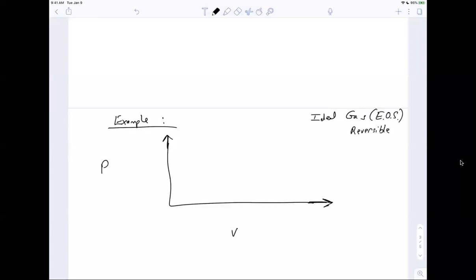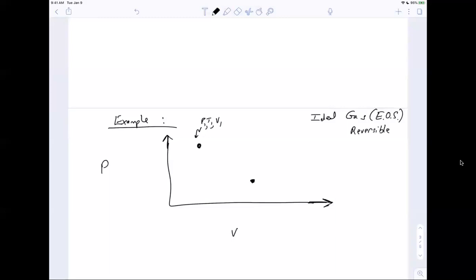And so now I'm going to draw a few processes here. So let's start here. Okay, so this will be P1, T1, and V1.